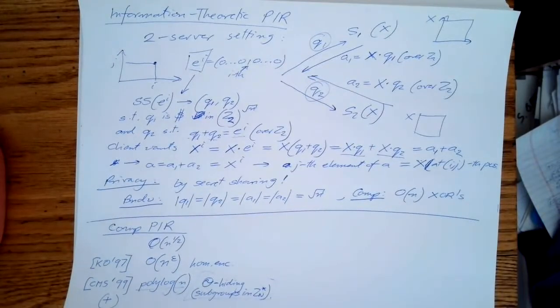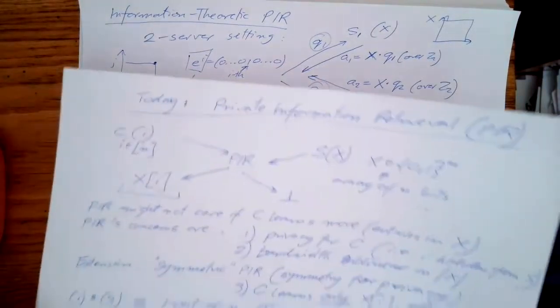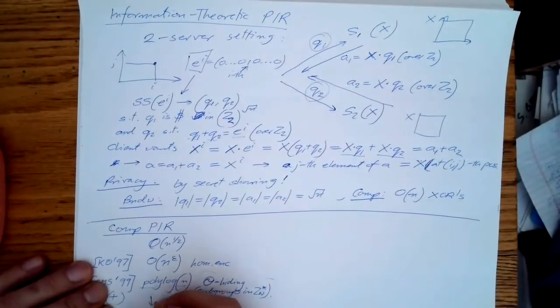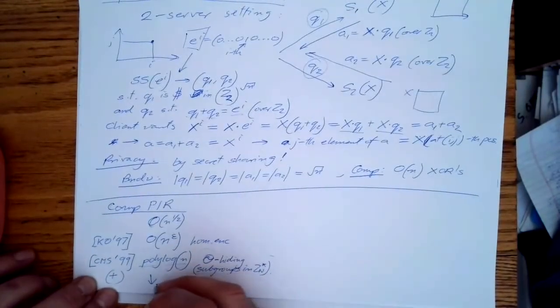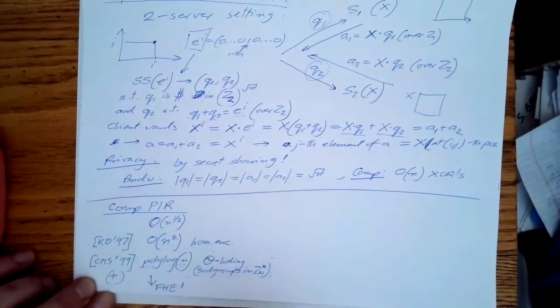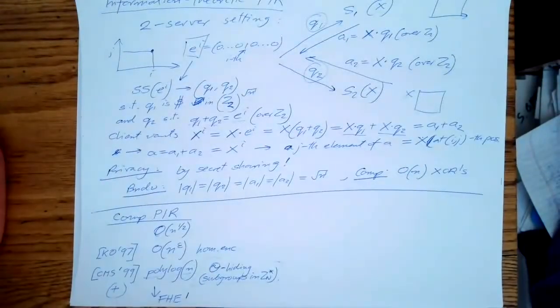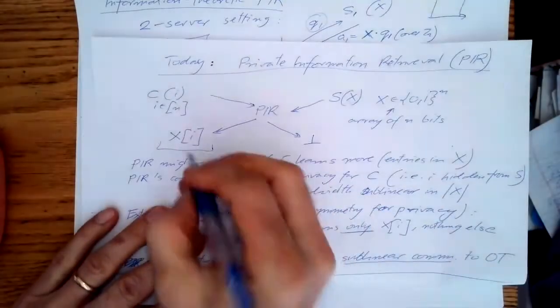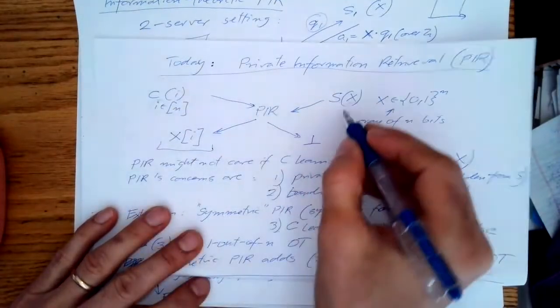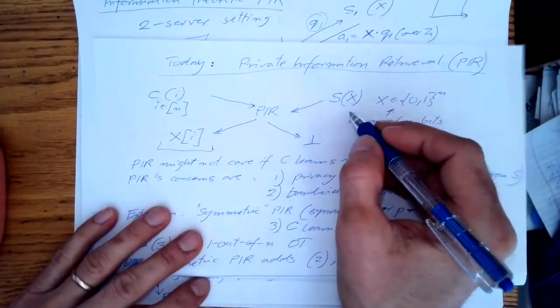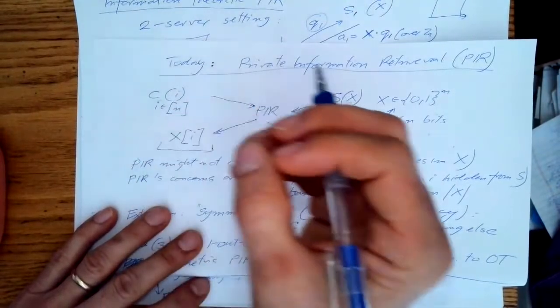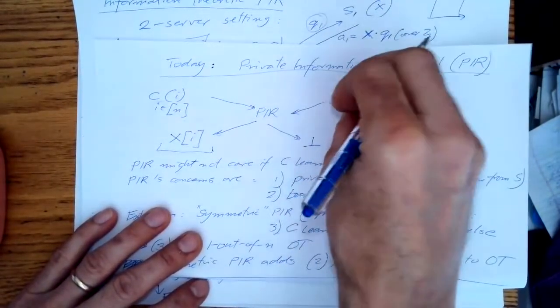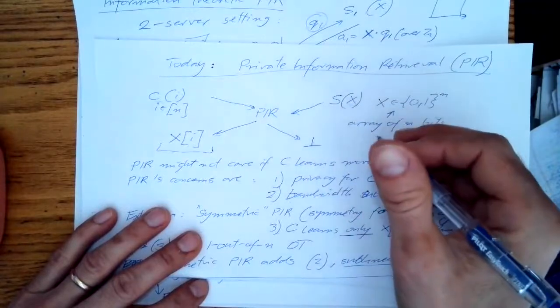Of course, at the end of this road you have fully homomorphic encryption, because if you have fully homomorphic encryption, then given an encryption of this index i, there is some process that can take an encryption of a single index and apply homomorphic properties to process this circuit that implements a selection, a lookup table.